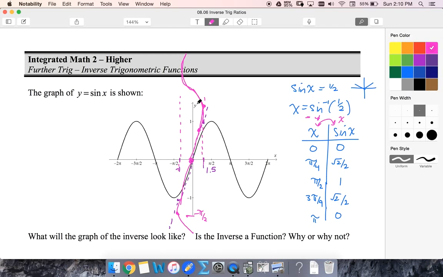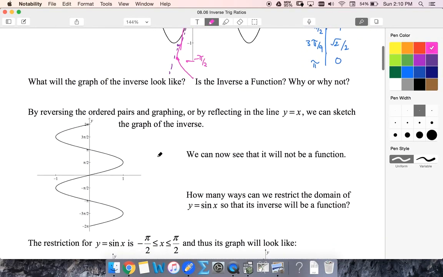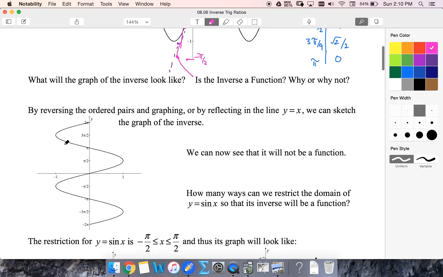So we'd really have to limit our original to make the inverse a function. So if we limited the original to just go from negative pi over 2 to positive pi over 2, I would hit only once and have a function. But otherwise, I do not have a function because the graph ends up climbing up the y-axis.